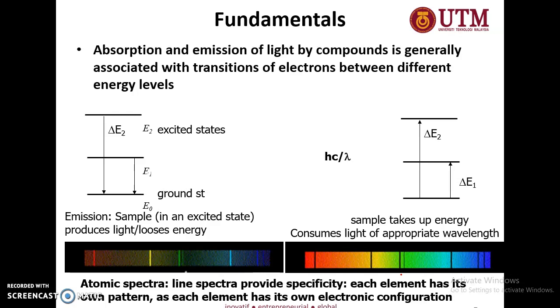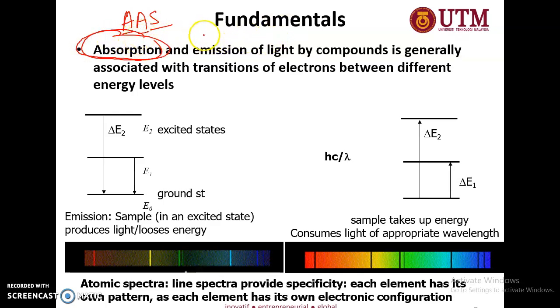So let us recap the fundamentals of spectroscopy. The same thing with what we learned so far in UV visible, fluorescence, and also phosphorescence. It consists of absorption. If you are doing AAS, which stands for atomic absorption spectroscopy, it means that absorption is analyzed.